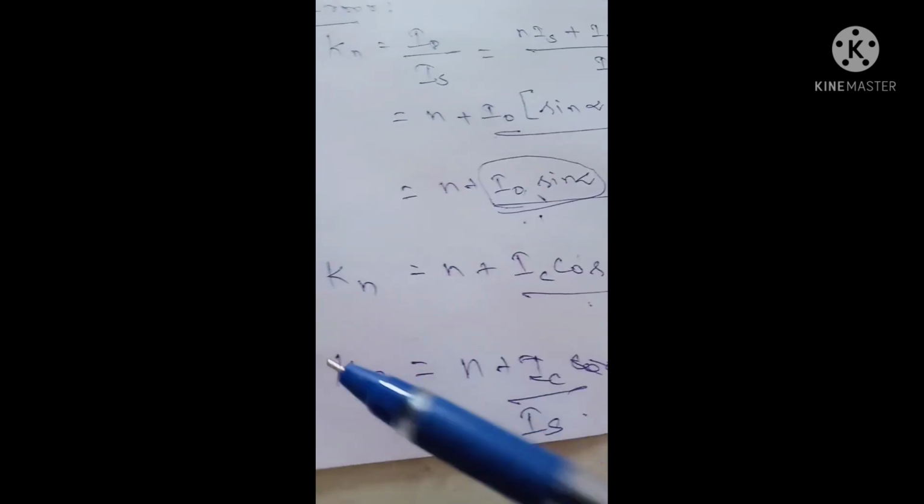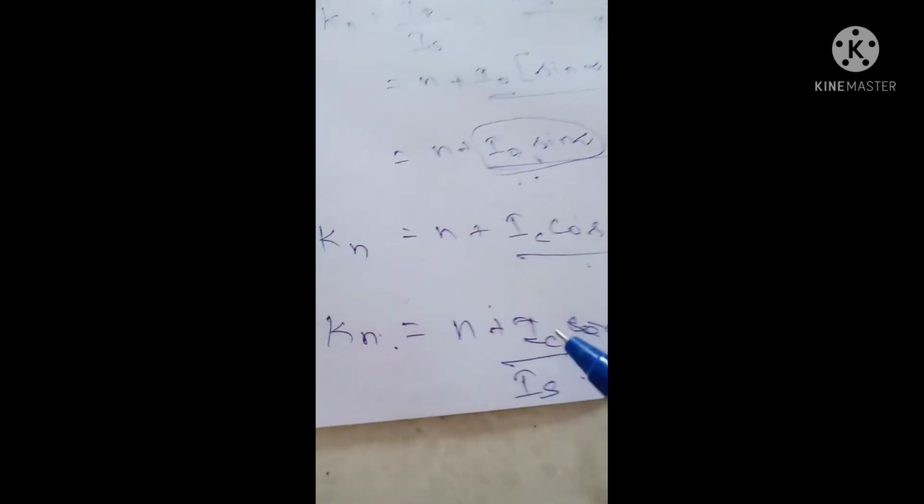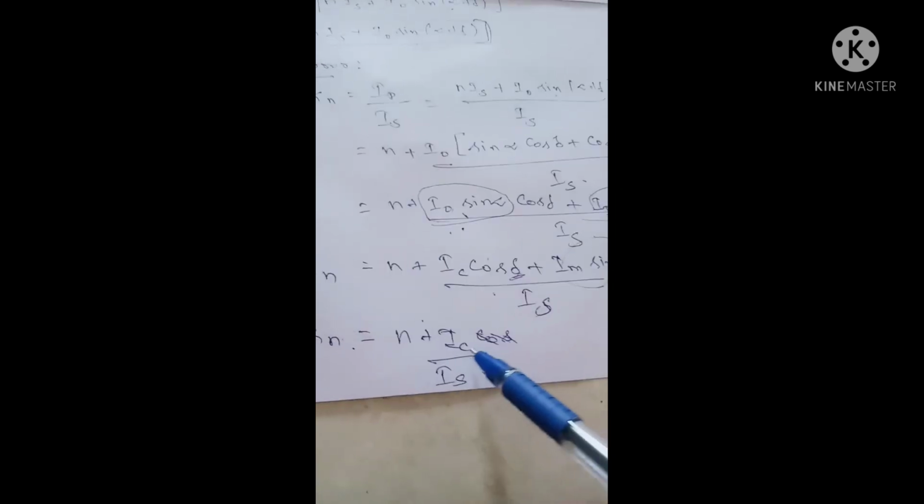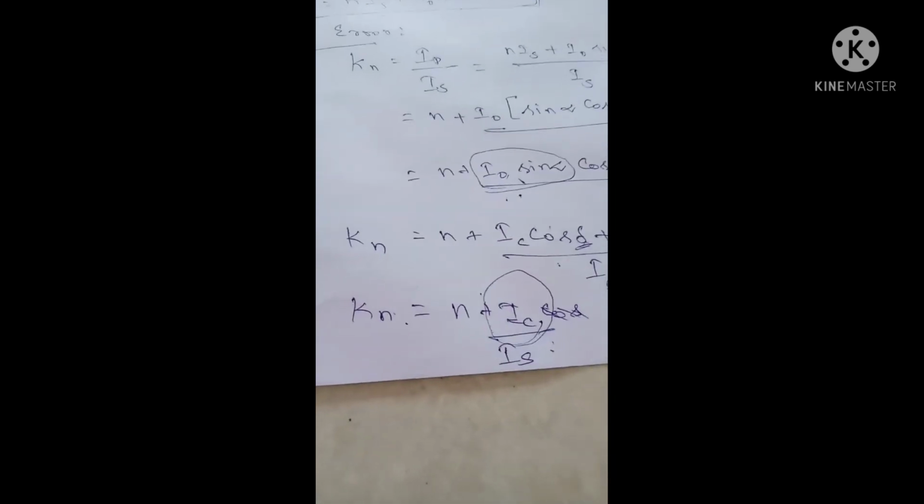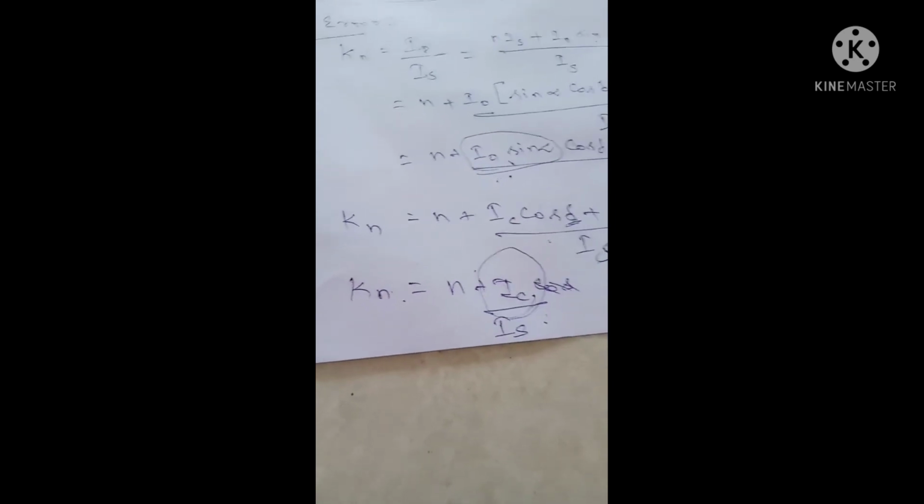For an ideal transformer, the ratio should always be equal to n, whereas here we obtain Kn equal to n plus IC by IS. So in a practical current transformer, the ratio error depends upon the core loss component of the no load condition.